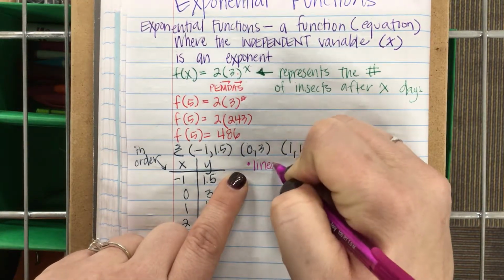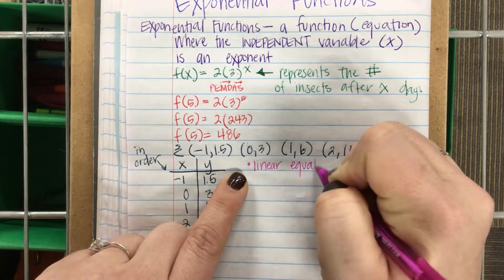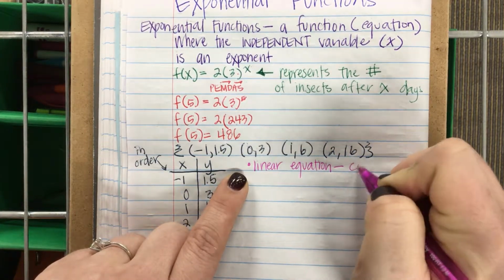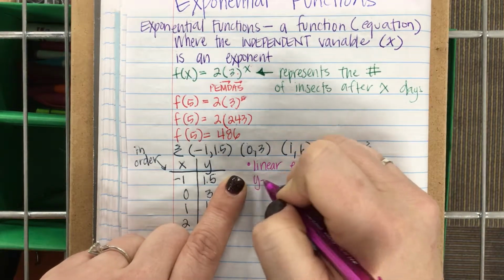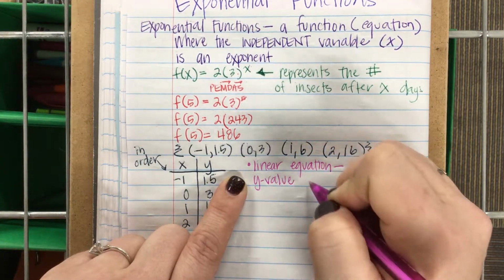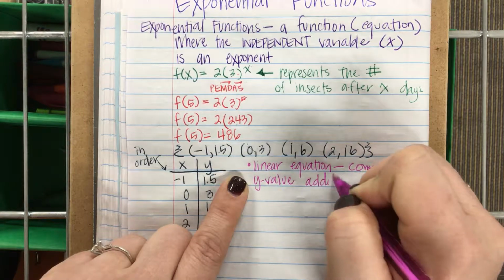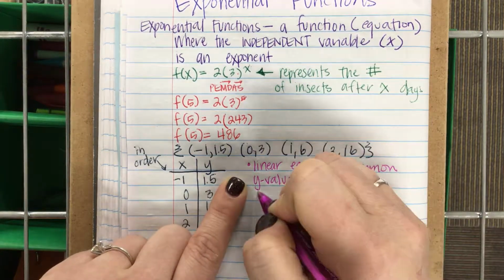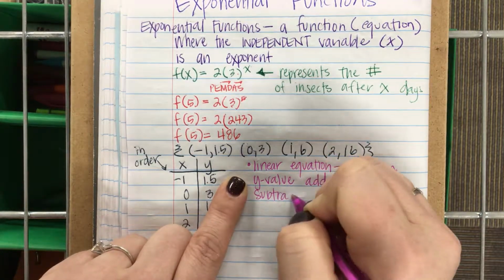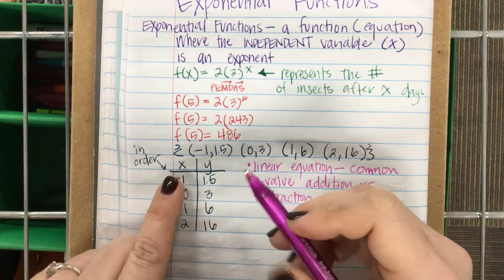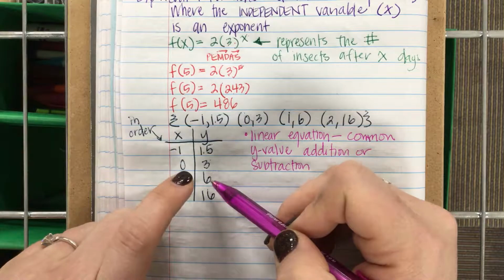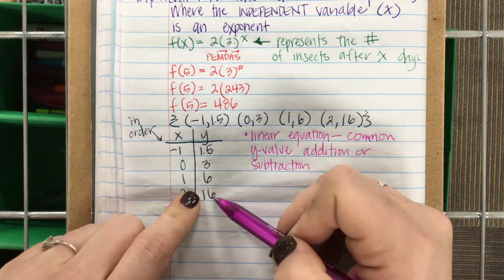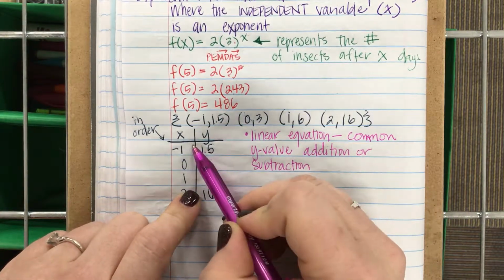So if I look, let's say from 3 to 6, I add 3, but 6 plus 3 does not equal 16. So this is not a linear equation.